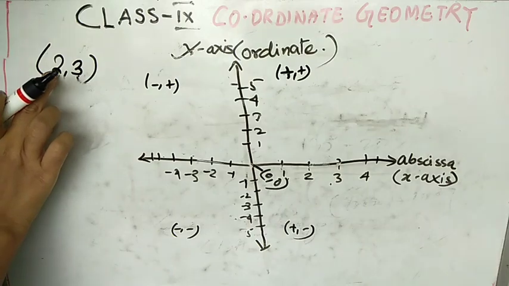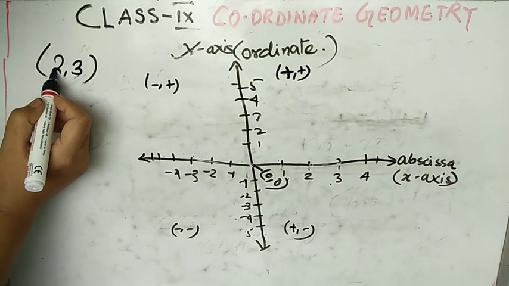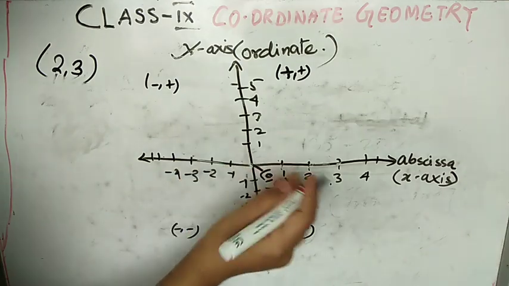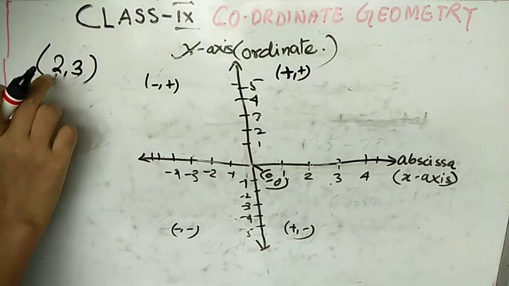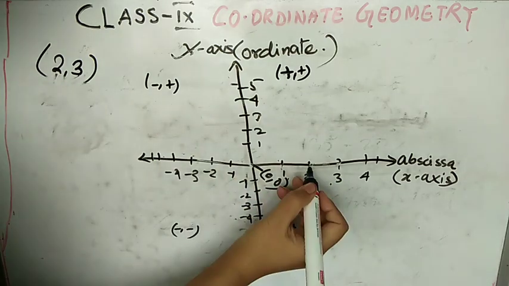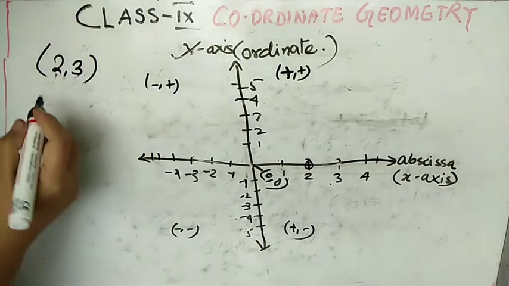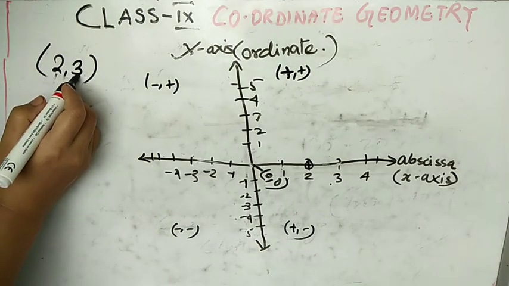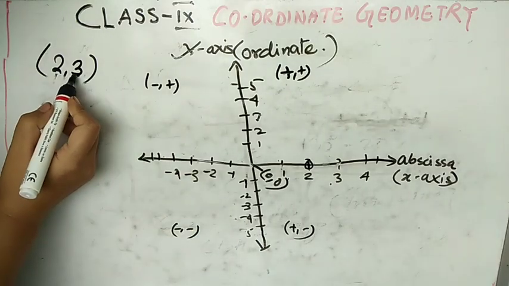When we usually represent numbers, the first number between these two numbers is the x coordinate, and we represent it on the x-axis. Now since this is 2, we will represent 2 on the x-axis, and this is the point. The next number is 3 and it is the y coordinate, so we will represent 3 on the y-axis.